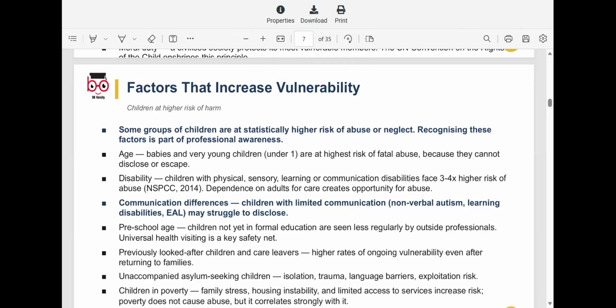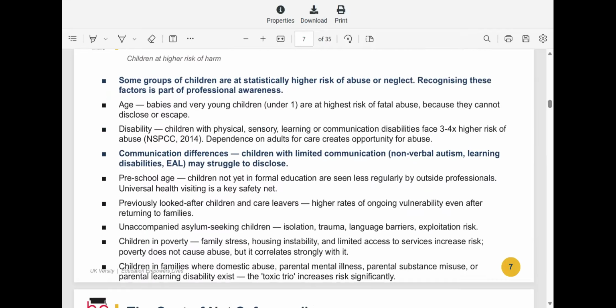Factors that increase vulnerability. Some children can be at higher risk due to interacting individual, family, and environmental issues. It could be exposure to any sort of abuse. And recognizing this is your professional awareness. You need to make sure you are able to recognize this.